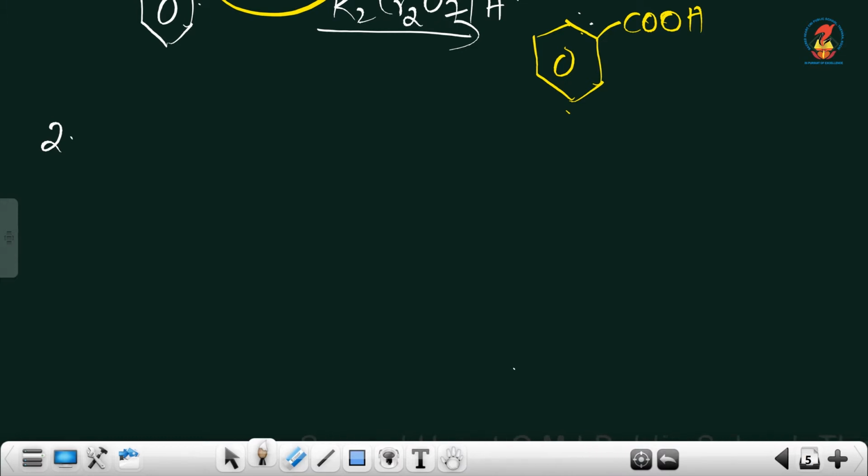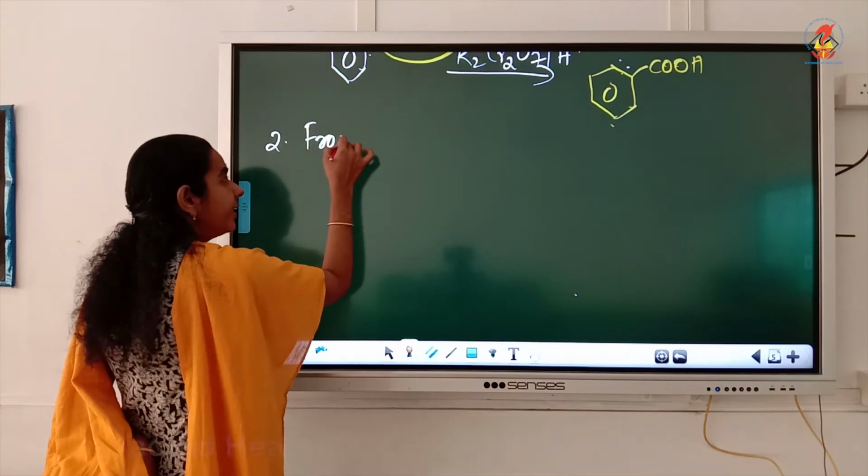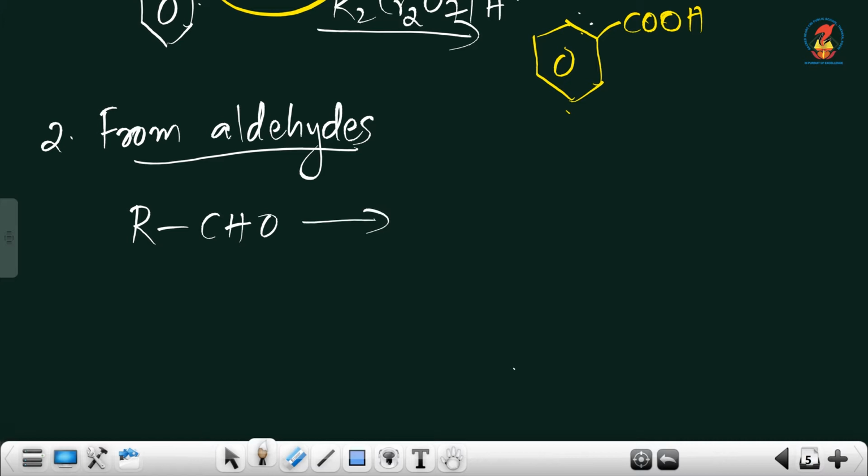Now the second preparation of carboxylic acid is from aldehydes. We know what is the aldehyde functional group. We can generally represent it as RCHO. CHO is the aldehyde functional group. How can we convert this aldehyde to carboxylic acid?